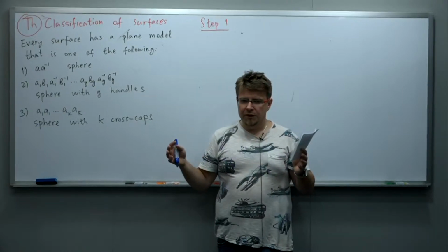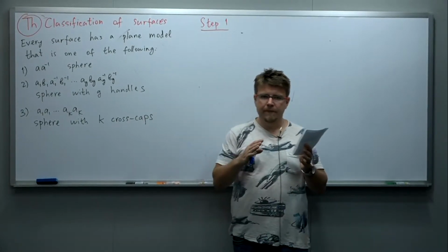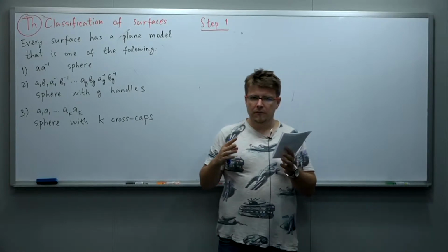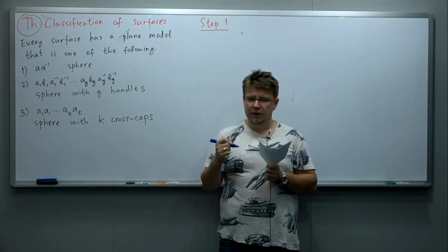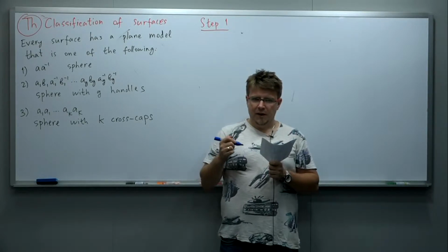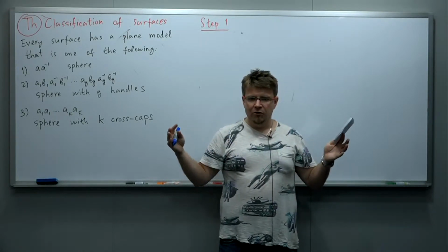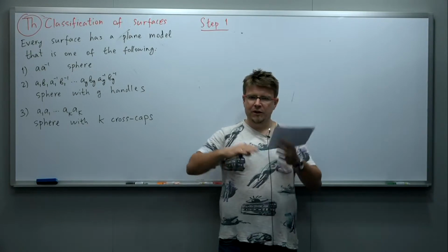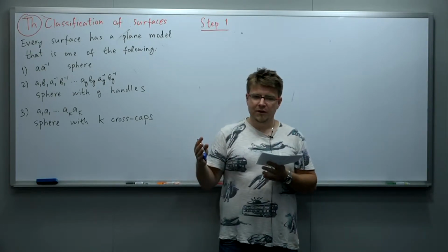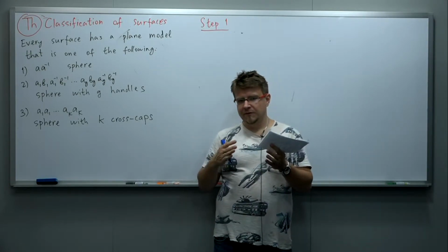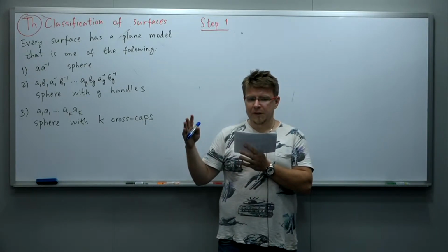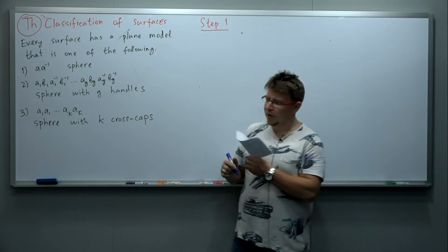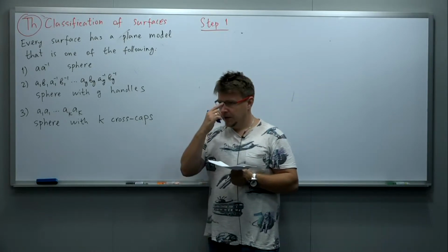First we begin with the surface, and then we cut it into triangles, and then we remember how we are supposed to glue the triangles back together. And then after we glue all the triangles back together, in the end we get a polygon with an even number of edges, so that these edges are labeled according to how they are supposed to be glued.